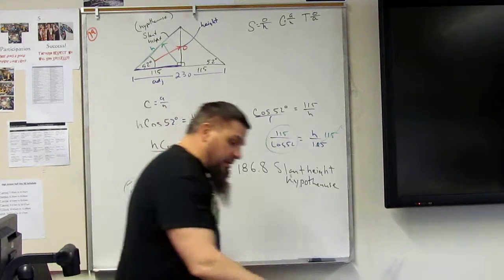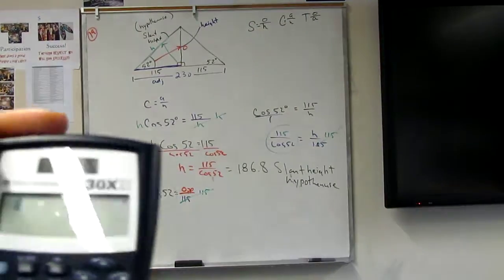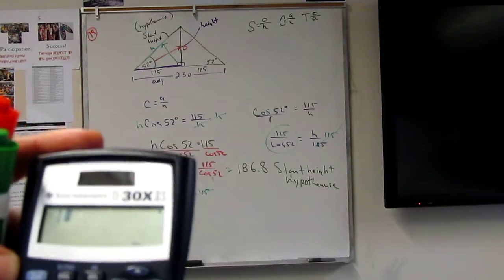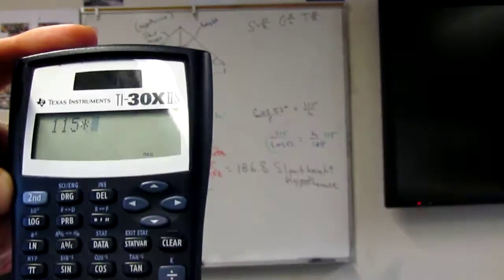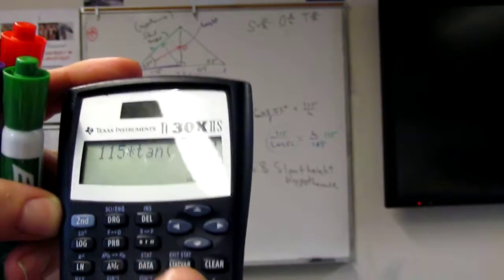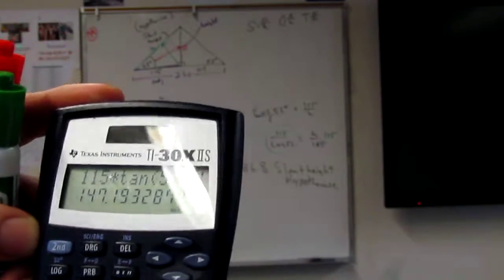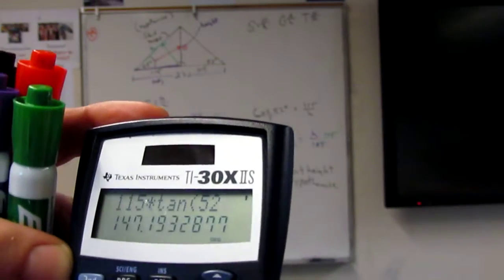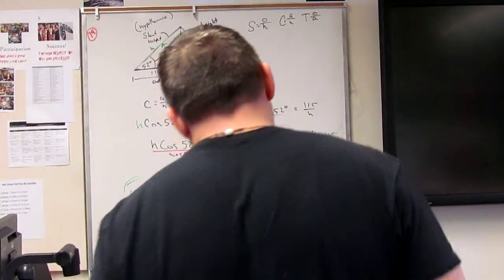And so I take my trusty dusty calculator out. Clear it and go 115 times tangent 52 equals, so I get 147.19, which would be 0.2.